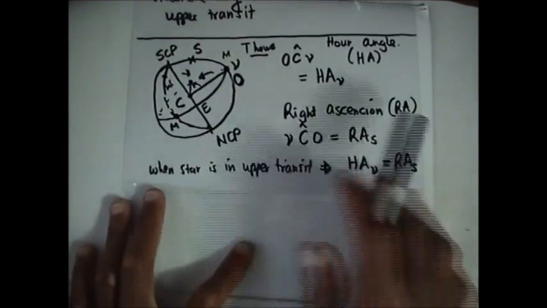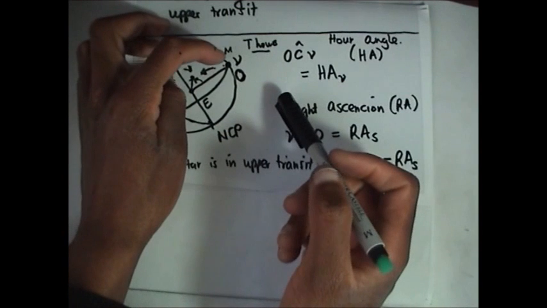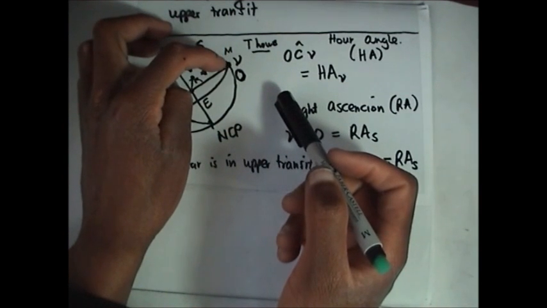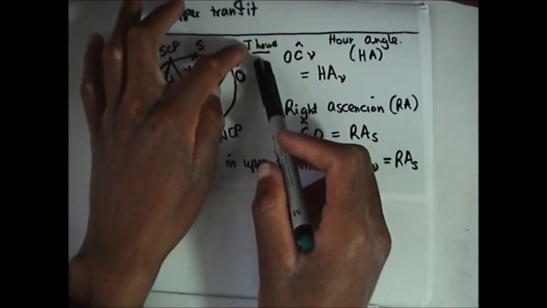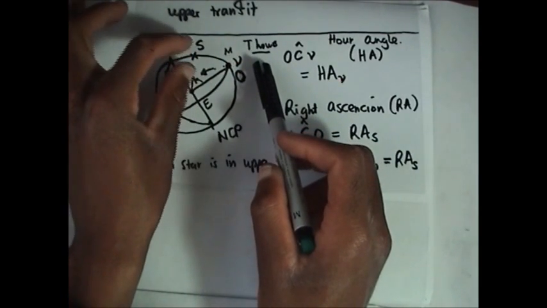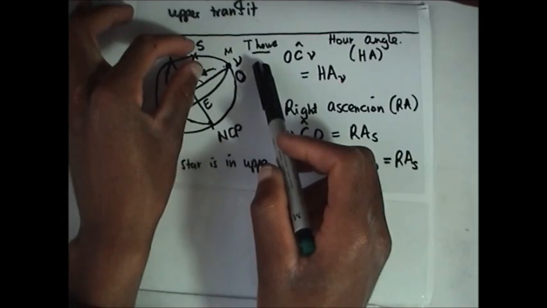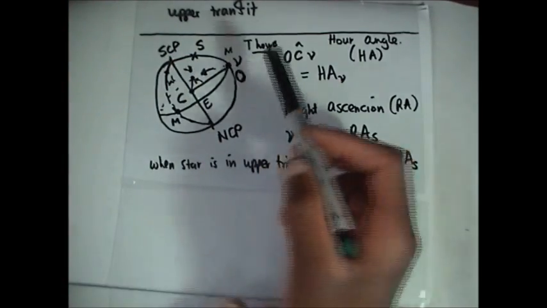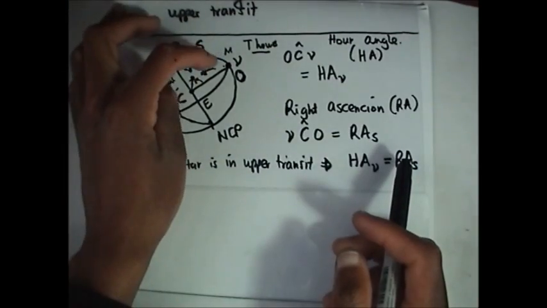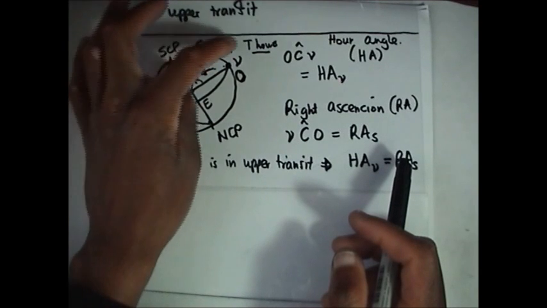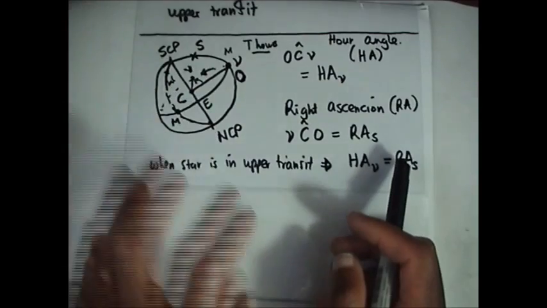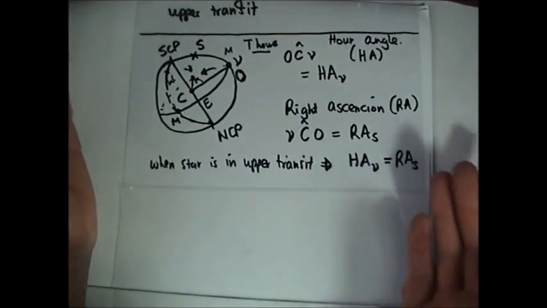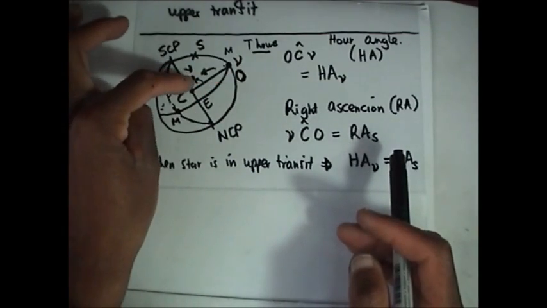So here, our t was equal to 0 when V was here, but when V was there, our time was now equal to t, and S was now in upper transit. On our sidereal clock, it measured 0 when V was here, and now t. So we can know the period that has passed, maybe 2 sidereal hours, for V to be at this point.